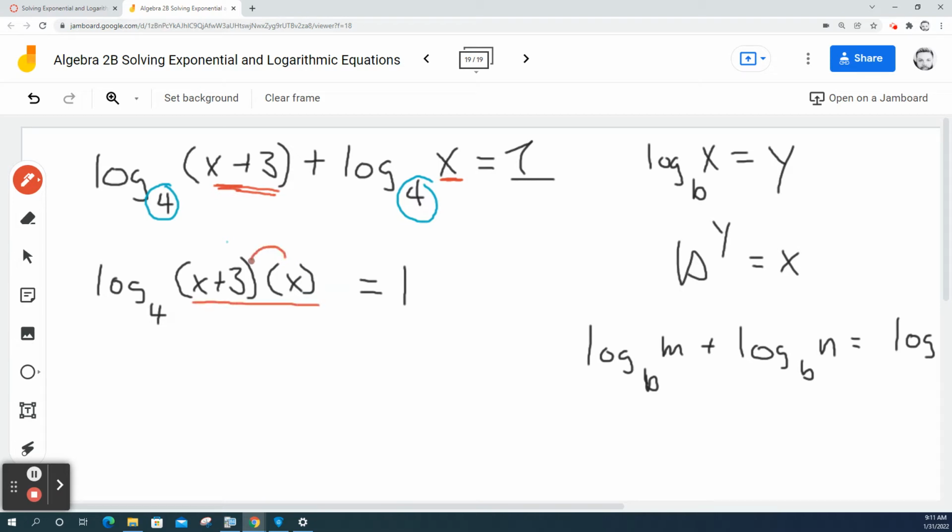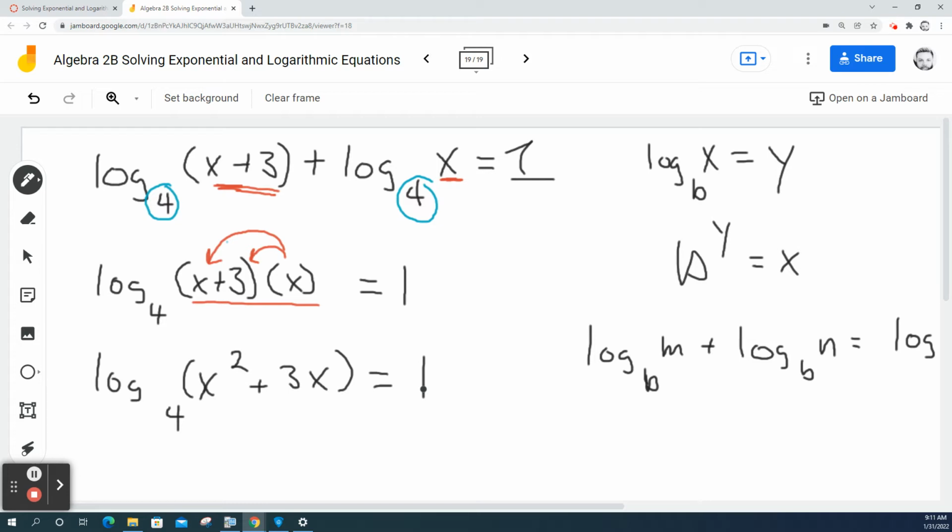So what I'm going to do is distribute the x through the parentheses. And so this becomes the log base 4 of x times x is x squared plus 3 times x, which is 3x. And that's equal to 1.